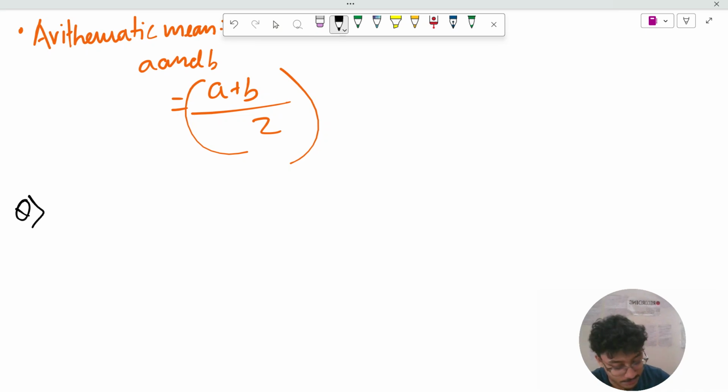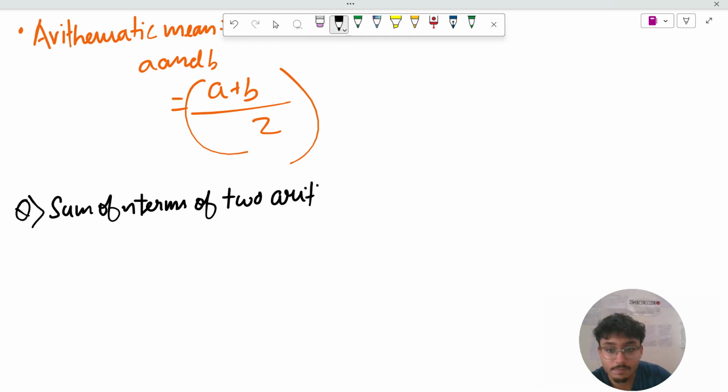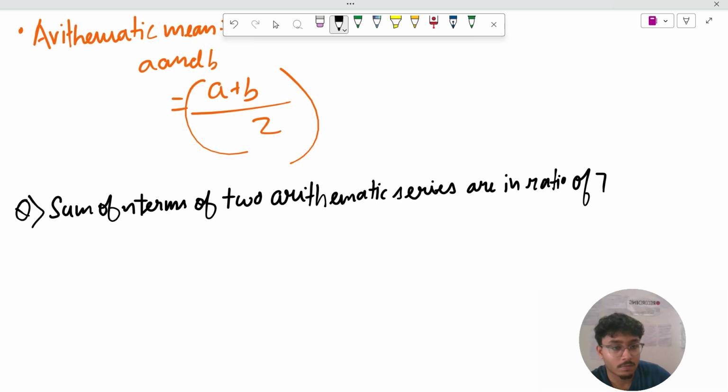So my question is: the sum of n terms of two arithmetic series are in the ratio of 7n plus 1 is to 4n plus 27.